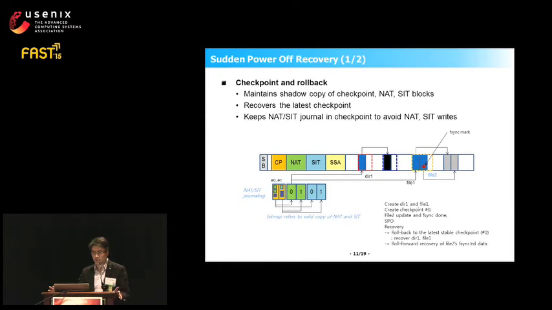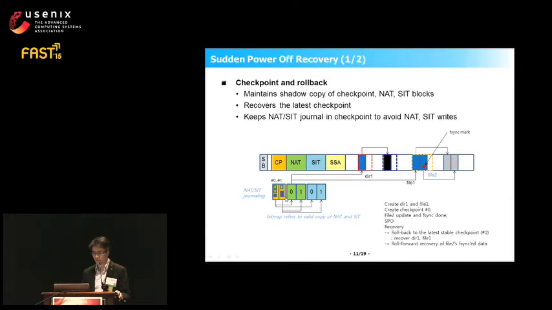And I will talk a little bit about the recovery scheme of F2FS. It has a checkpoint and rollback scheme. We have a checkpoint area which has a shadow copy. As you can see, the yellow blocks are two shadow copies of the checkpoint. The checkpoint has NAT and SIT journaling spaces, which journal updates to the NAT and SIT blocks.